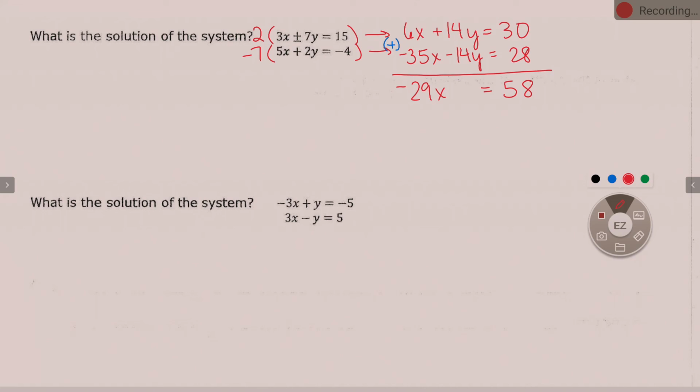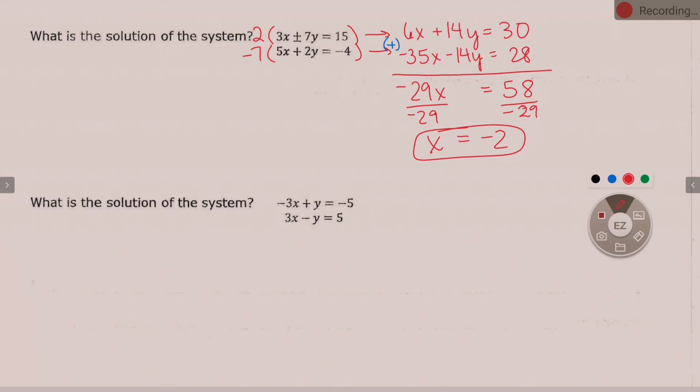What are you finding about negative 29x and 58? They do easily divide, actually. Yep. Divide by negative 29. 58 divided by negative 29 is what? Negative 2. My brain doesn't do that kind of math. I'm glad you do.